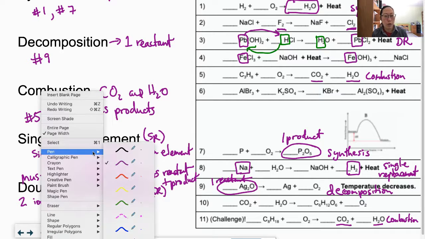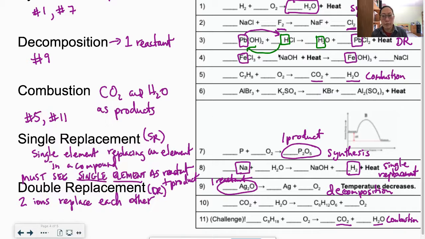If we look at where the Na is going, we can see that the Na is replacing the Fe, and then the Fe is replacing the Na, and they're switching places. So that's a double replacement as well. Let me put it here. And if you look through, I'm sure you'll see another double replacement. Okay, so we have a double replacement in number 3 and number 4.